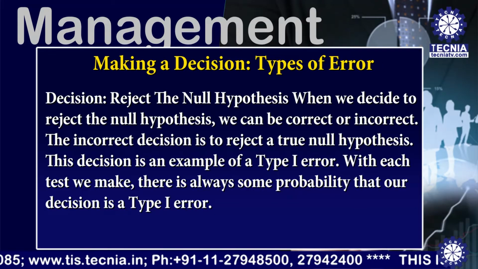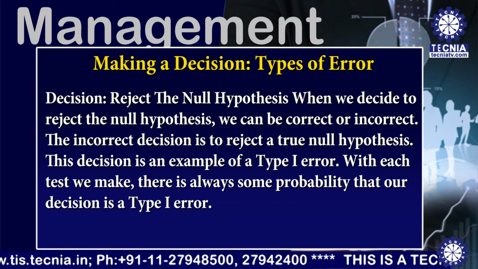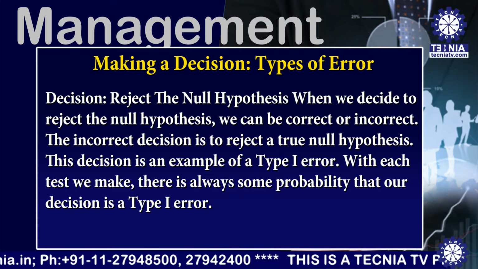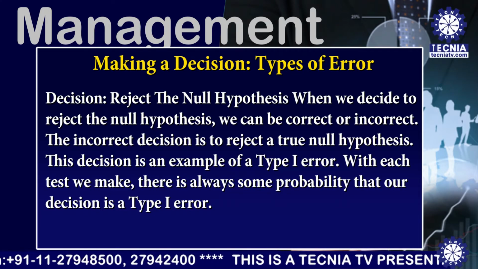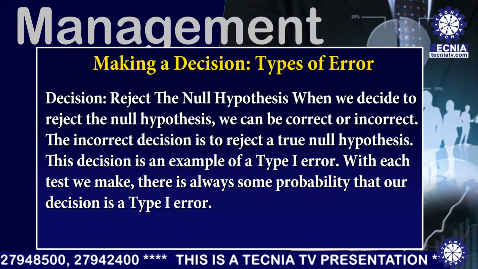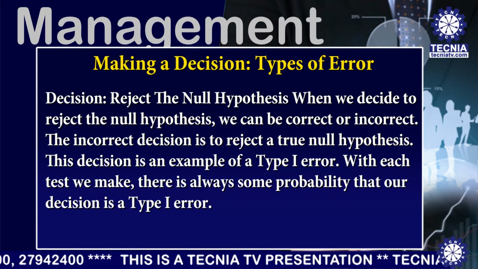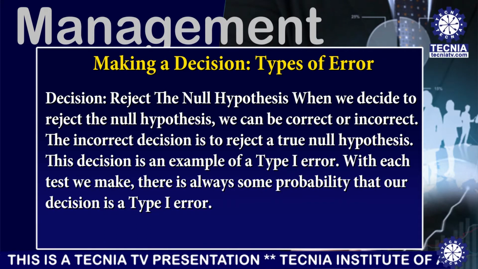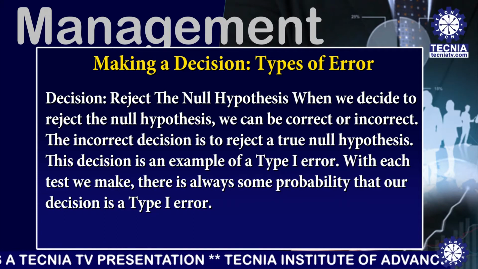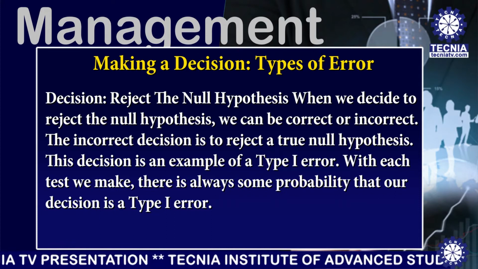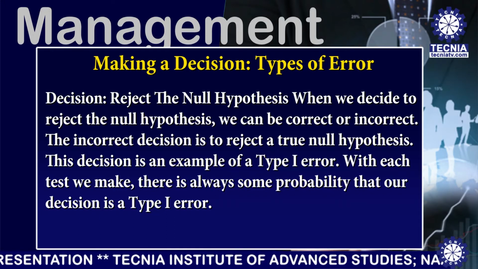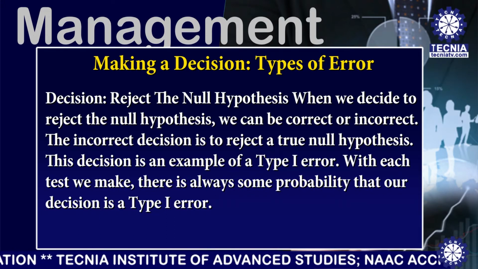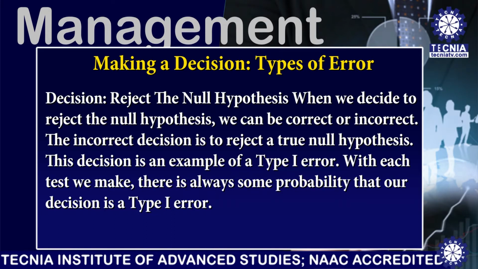Now, the second decision which is concerned with rejecting the null hypothesis. When we decide to reject the null hypothesis, we can be correct or incorrect. The incorrect decision is to reject a true null hypothesis. This decision is an example of a type 1 error. With each test we make, there is always some probability of a type 1 error.